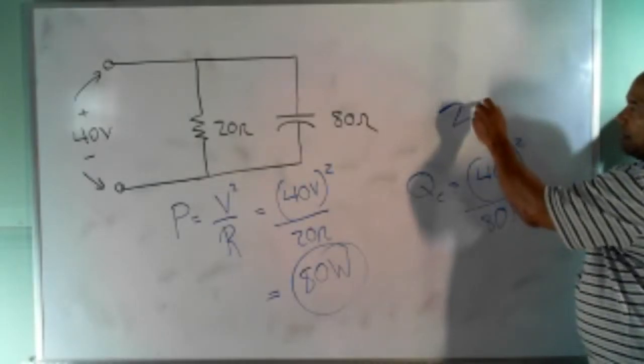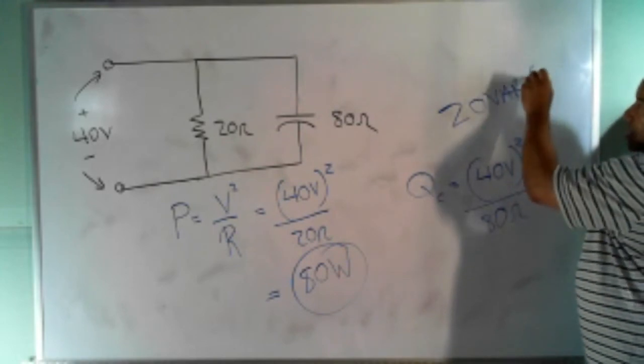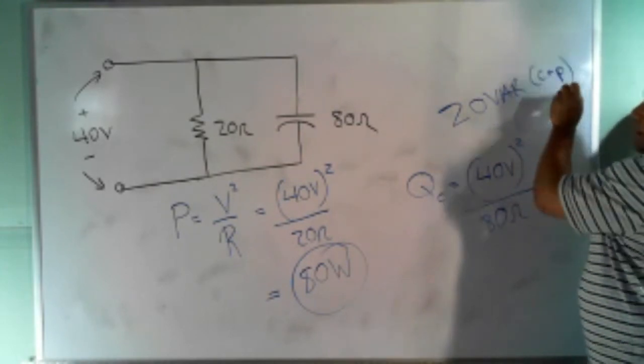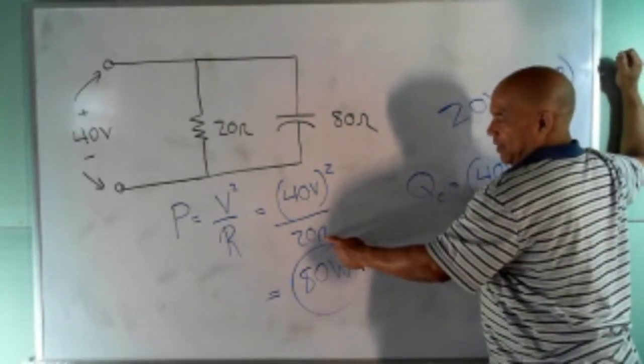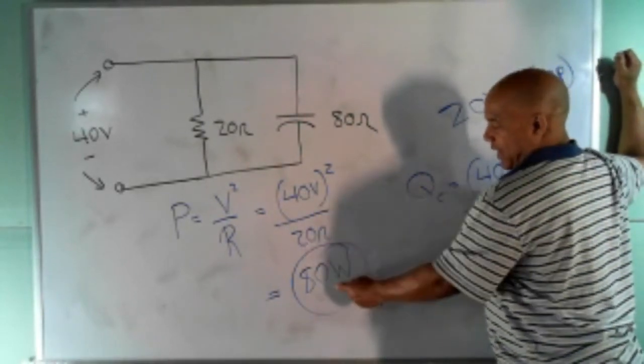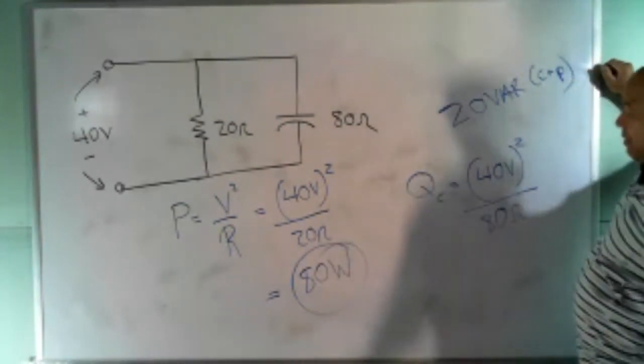Isn't that weird? Capacitive. So if I take 40 squared over 20, I get 80. If I take the 80 and put it here, 40 squared over 80, I get the 20.